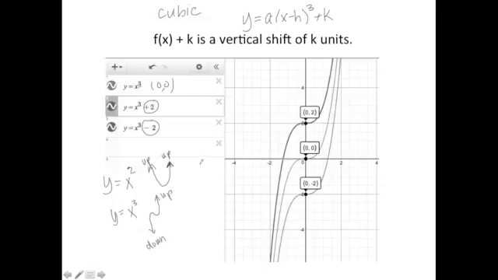That is referred to as the end behavior. For each one of these, the end behavior is down/up, down on the left, up on the right. And that's the difference between a cubic function and a squared function. All right, let's move on.